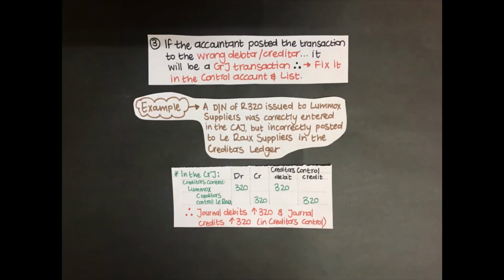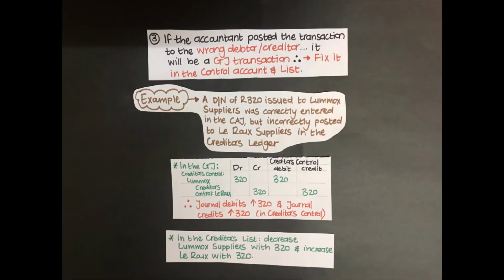So it affects your control account. In the creditors list, we have to go and fix the balances of these two creditors. We have to go and deduct 320 Rand from Lumox, and we have to go and add the 320 Rand back to Leroux. This won't have an effect on the total balance overall, because it's plus 320 minus 320, but you still need to fix it.